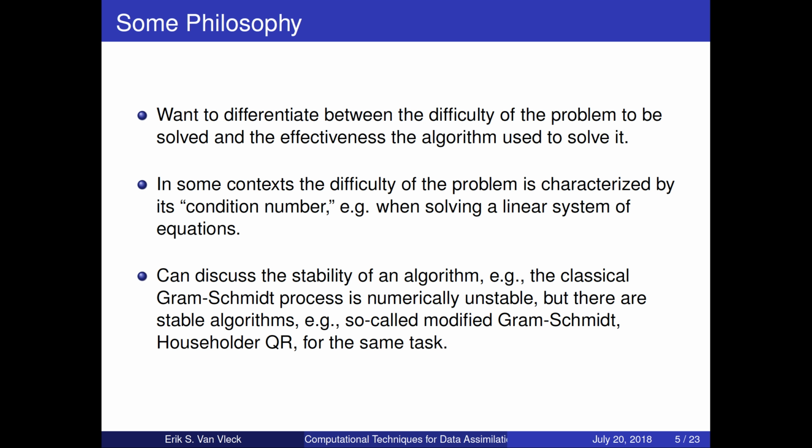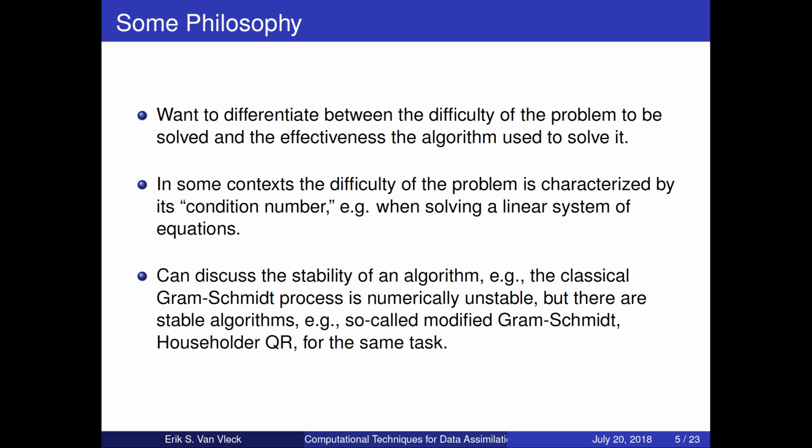In some contexts, the difficulty of the problem is characterized by its condition number. This is especially true when solving linear systems of equations where the matrix, in this case assumed to be invertible, can be assigned a condition number that gives an indicator of how difficult it is to solve with that matrix.